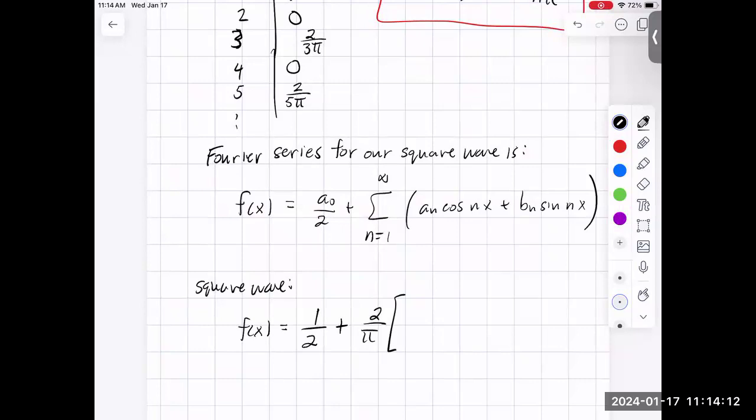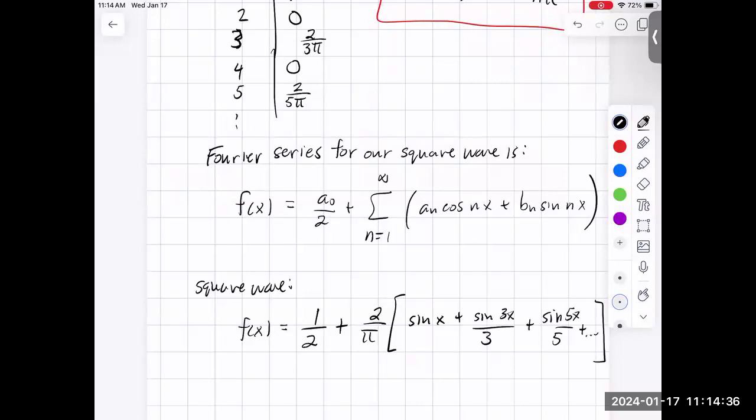So for n equals 1, we're going to get just sine x. And then for n equals 3, we'll get sine 3x divided by 3. And then we'll get sine 5x divided by 5, plus and so on. And so we'd have to keep writing out more and more of those terms. And so that's the claim, that this is a representation of a square wave.